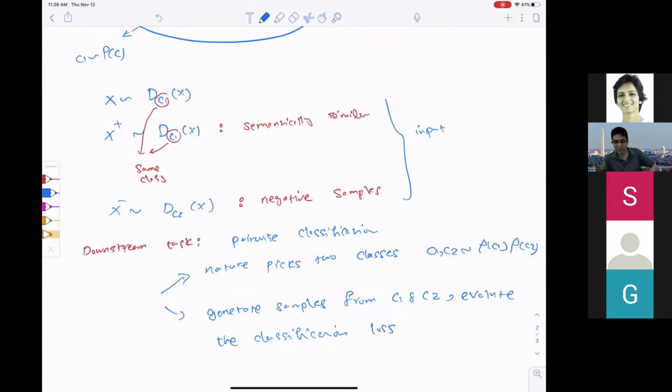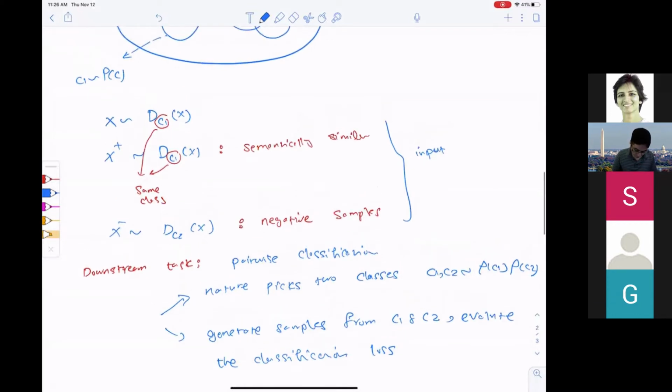So what do you guys think? Are these the realistic assumptions based on the practical implementations that we have seen, or are these strong assumptions that may not reflect the true nature of self-supervised learning problem? Okay, Sai says looks reasonable. That's good. You're optimistic. Any other comments?